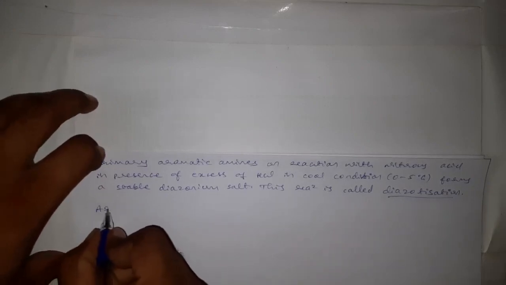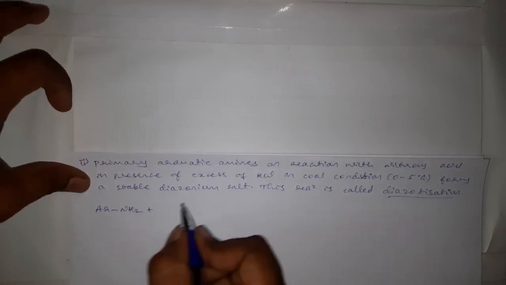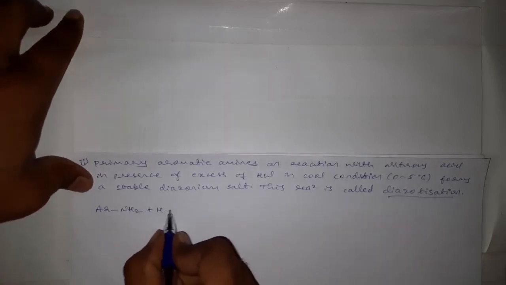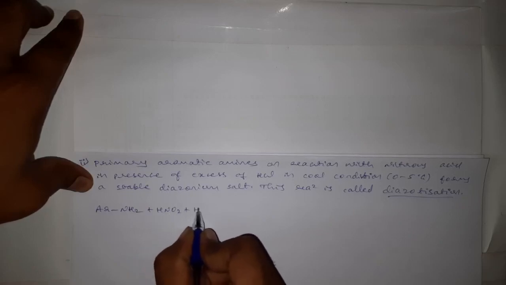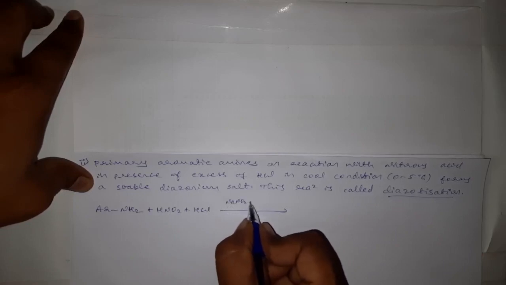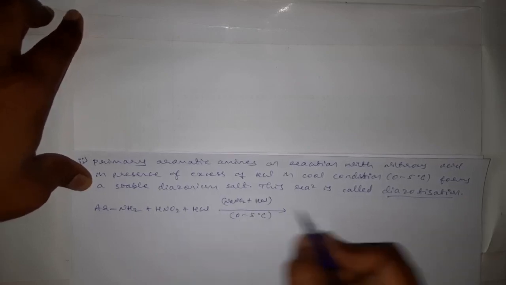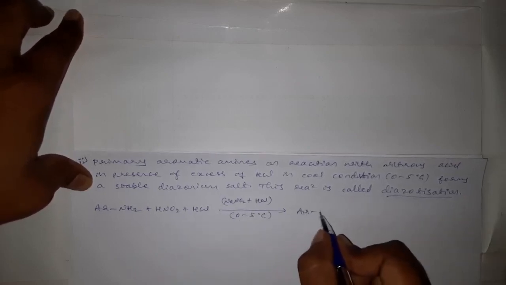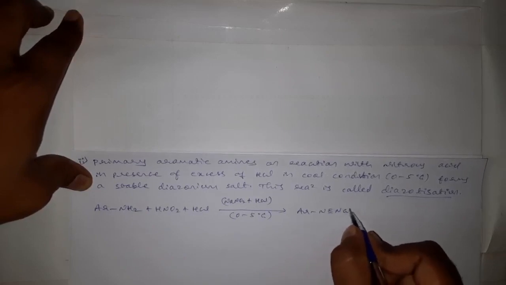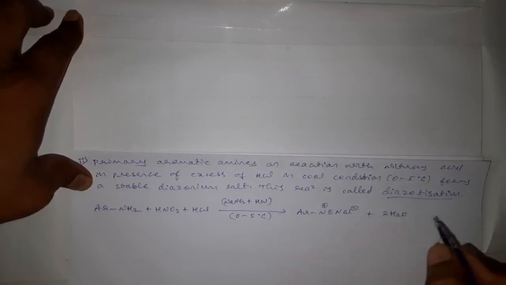See, we have the general formula for aromatic primary amines, that is ArNH2. When it is treated with a mixture of sodium nitrite and HCl at 0 to 5 degrees Celsius in presence of excess amount of hydrochloric acid, we will get Ar N triple bond N Cl minus plus, along with the liberation of water molecules.